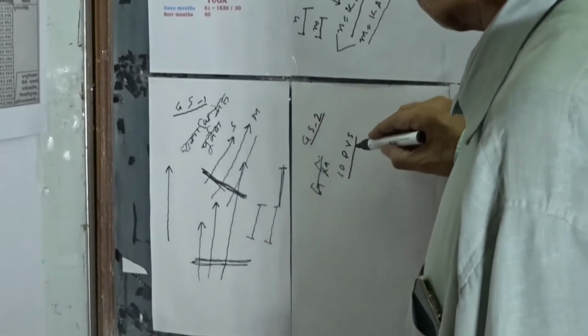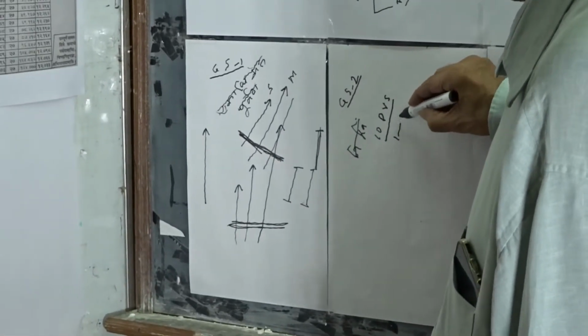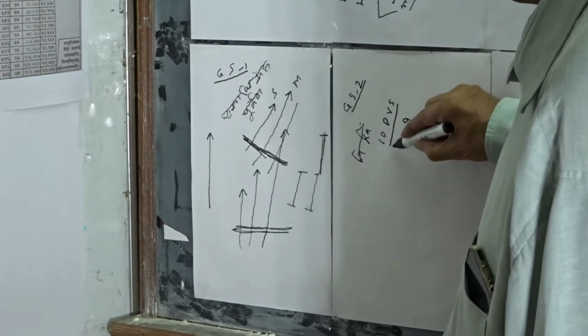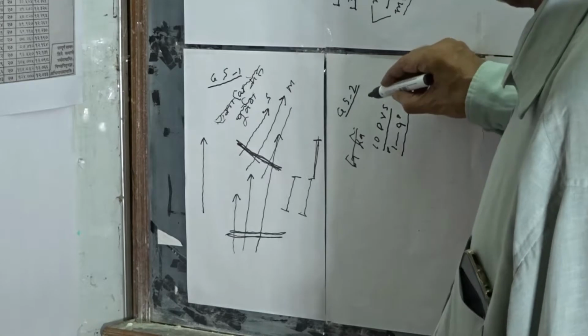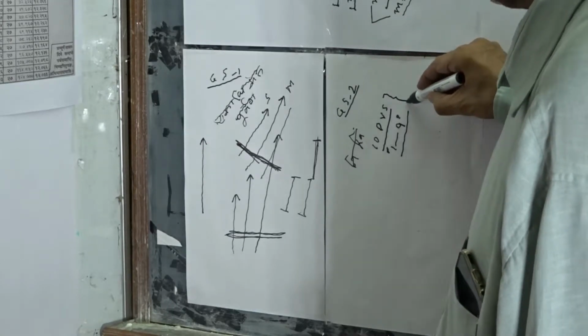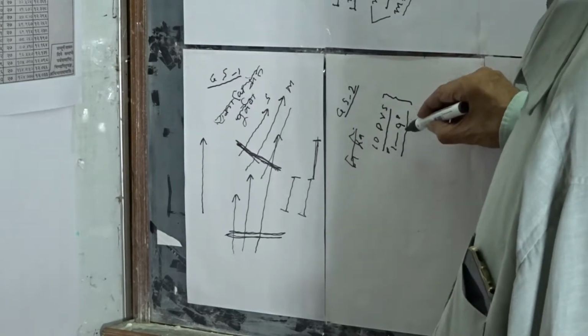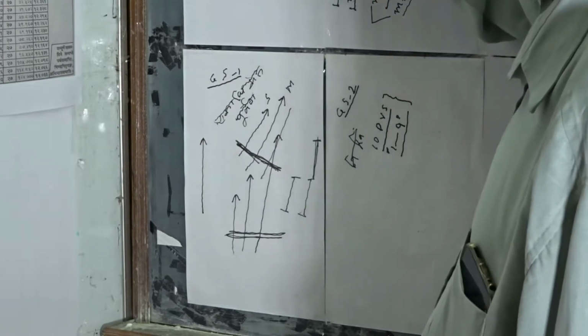Therefore, on the 10 place value system, we will have 1 to 9 as the numerals, and these will basically be the remainders.